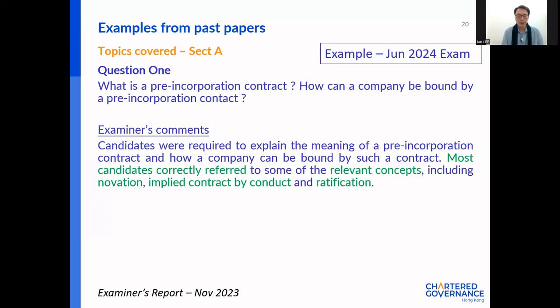They also need to understand it's based on the relevant legislation. You need to go back to the relevant sections and ask, okay, in this particular situation, who would be liable? So let's say they enter into a pre-incorporation contract, would it be the company that's liable or the person who signed the contract that will be liable?